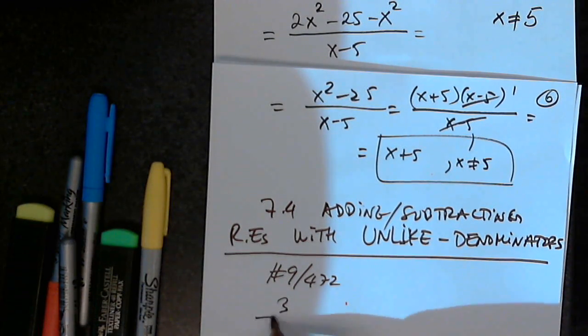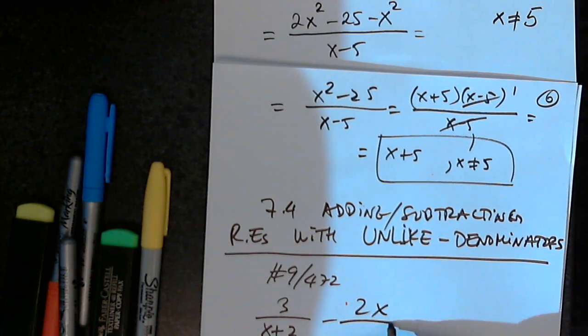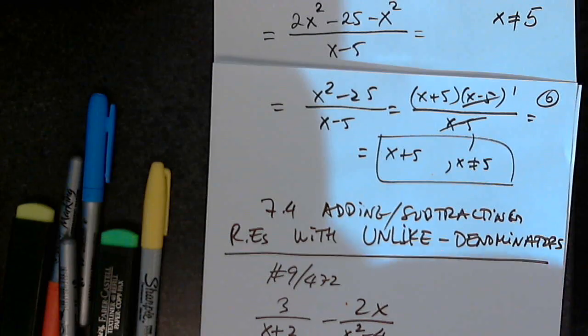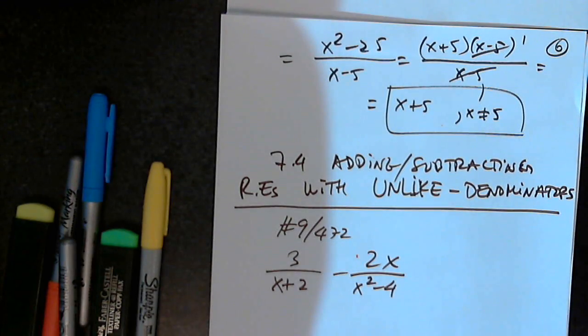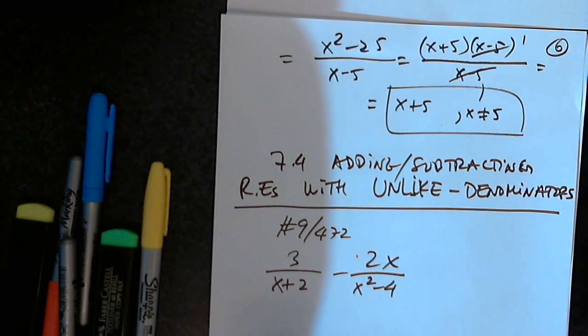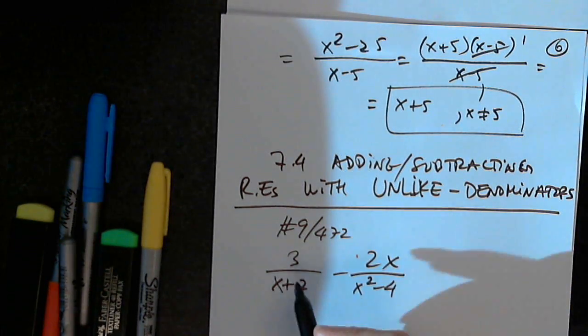3 divided by x plus 2 minus 2x divided by x squared minus 4. I will look at these two denominators first. I see an x plus 2 and I see an x squared minus 4. I know that x plus 2 is already factored. Nobody can further factor x plus 2.